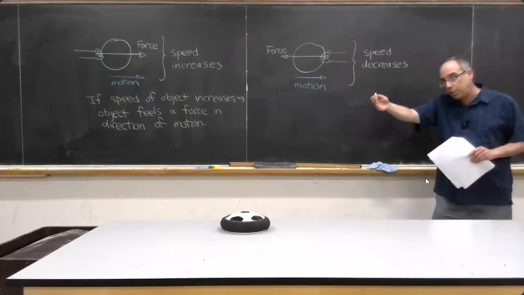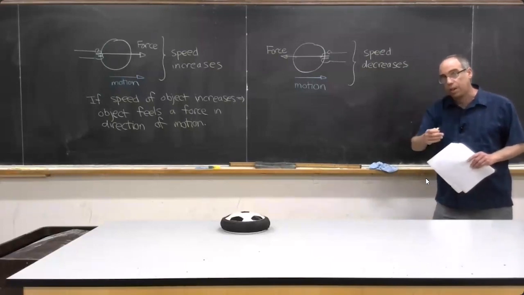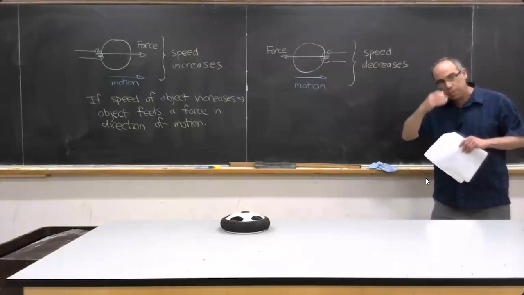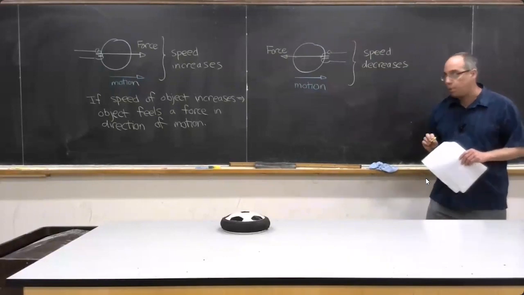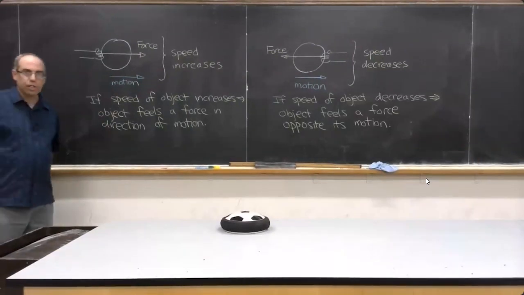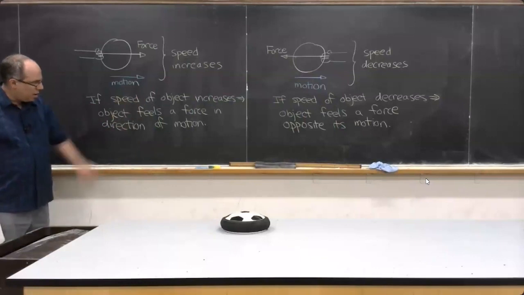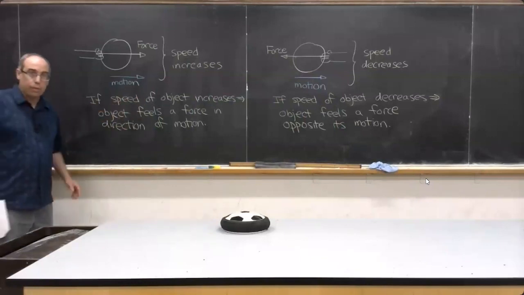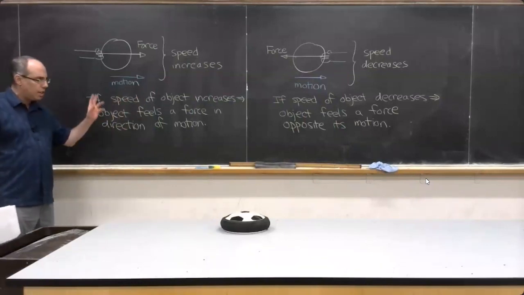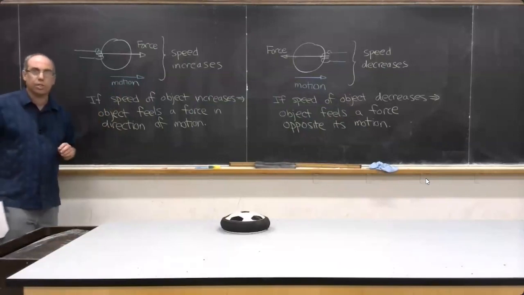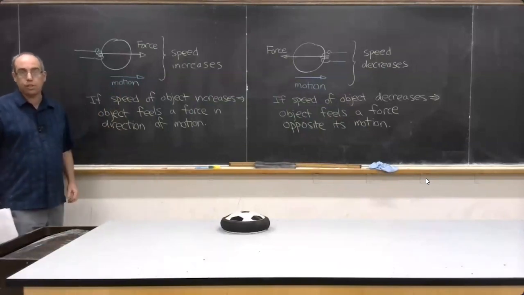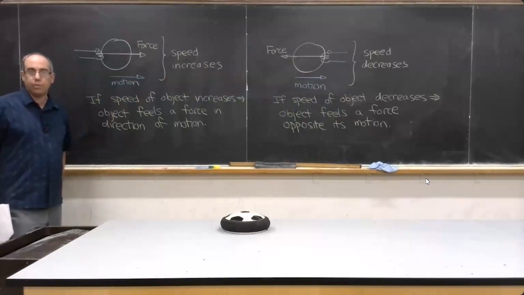It tells us that if we see the speed of an object start to decrease, then the object must have experienced a force opposite the motion. Take these two observations together. I hope you find them fairly straightforward to understand, but we're going to see that these statements have huge consequences as we go forward in this course and try to understand how different kinds of forces work.